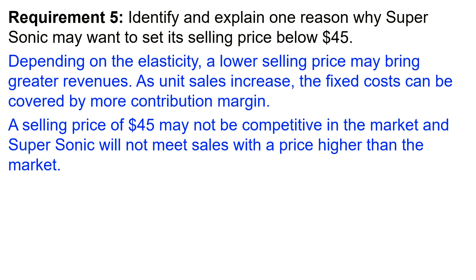And also it may be that $45 still isn't going to allow us to sell the 33,000 units we can produce. So we may determine that we need to go to 44, or 43, or whatever the case may be. But as long as we stay above that $41 and something cost of production that we calculated... Oh, I'm sorry, $45 was the target selling price.